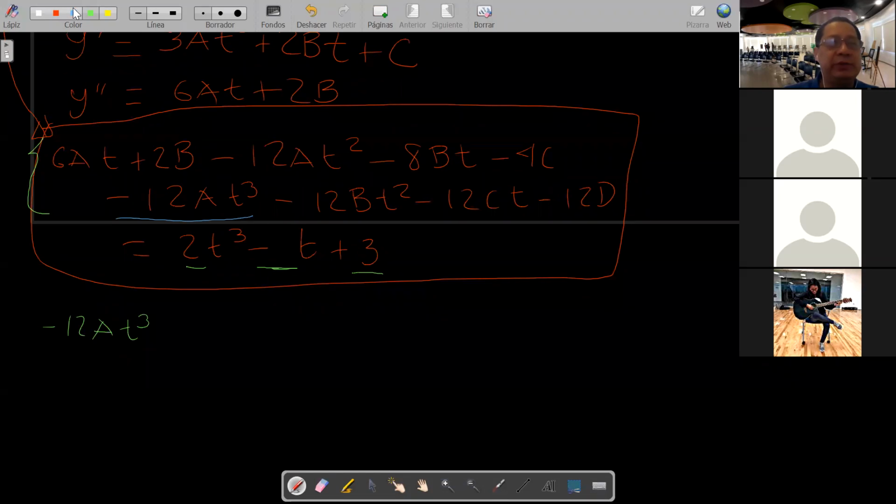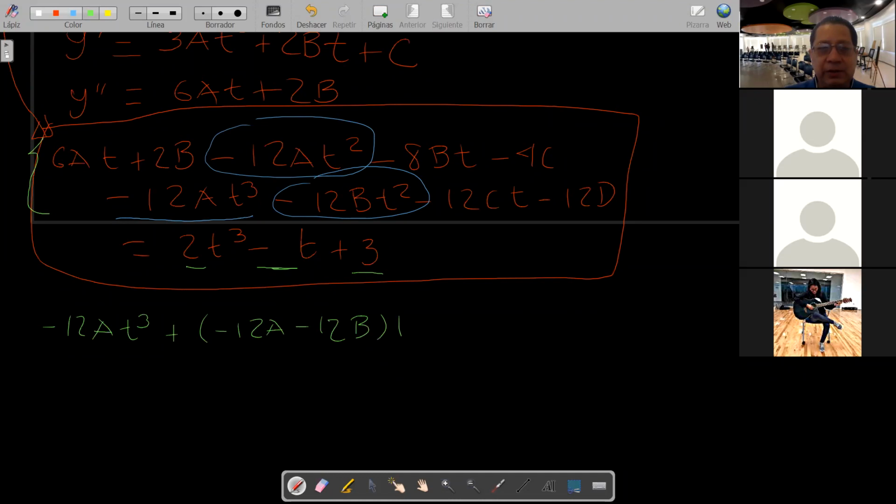Now the terms with t squared: here is one, here's another one, and that's all. So we have plus (-12a minus 12b) times t squared, and then the terms with t. We have 6a t, negative 8b t.